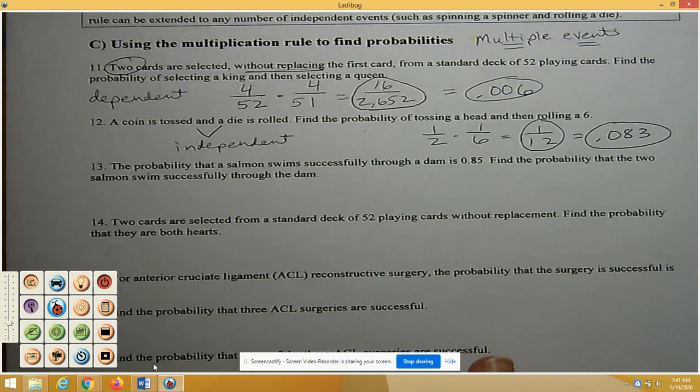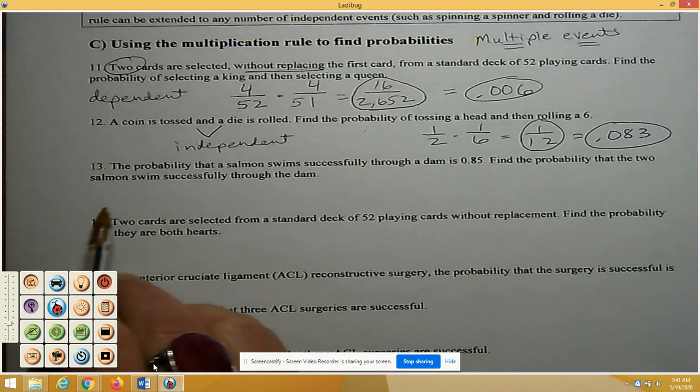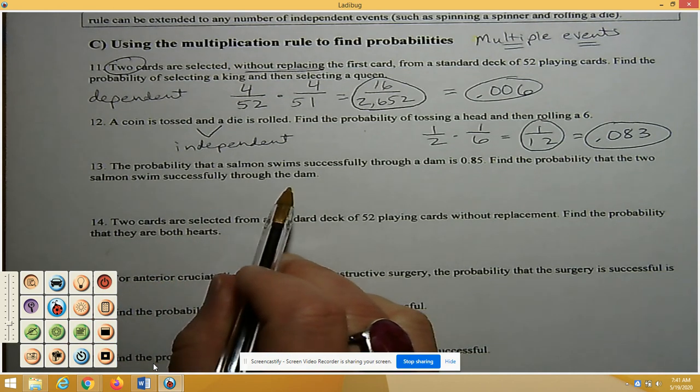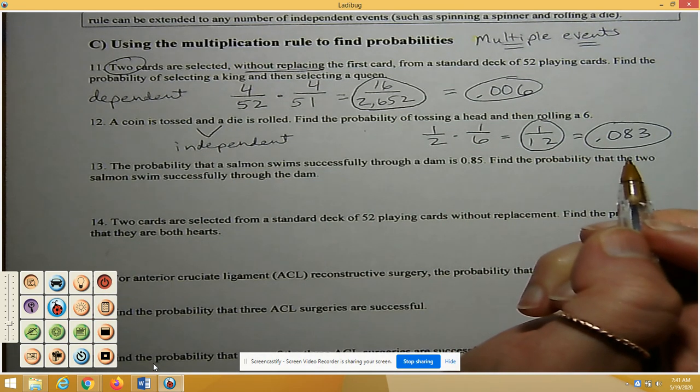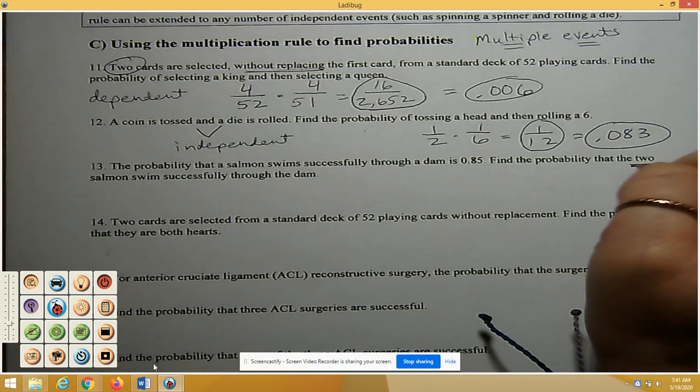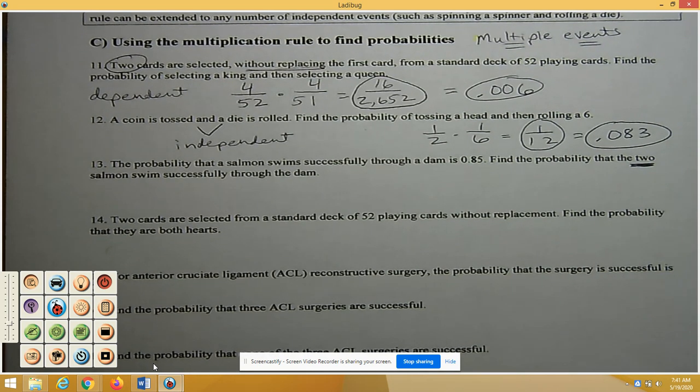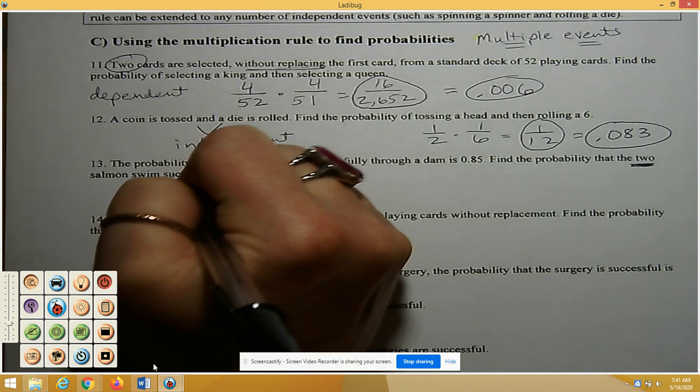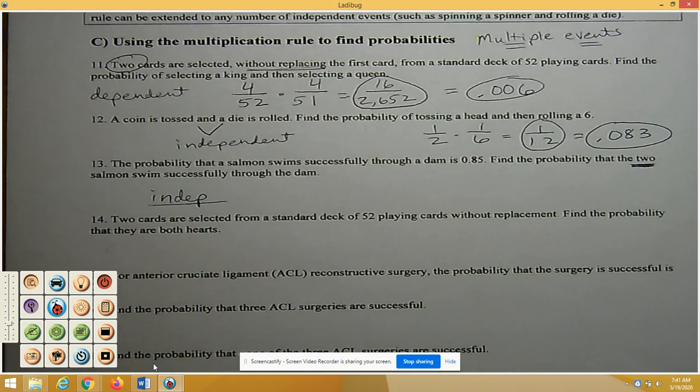All right, the next one. The probability that a salmon swims successfully through a dam is 0.85. Find the probability that 2 salmon swim successfully through the dam. We have 2 salmon swimming, and we're looking kind of globally here. So this is going to be independent. We have to assume that there are thousands and thousands of salmon going through, at least hundreds and hundreds.